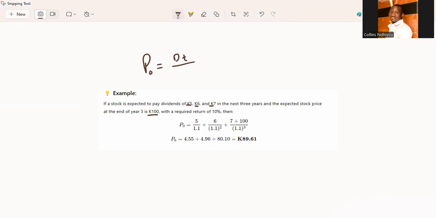Dt over 1 plus r to the power t, plus Pn, where Pn is the expected stock price at the end of year n, over 1 plus r to the power n.